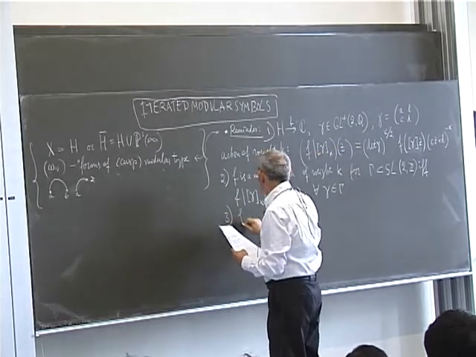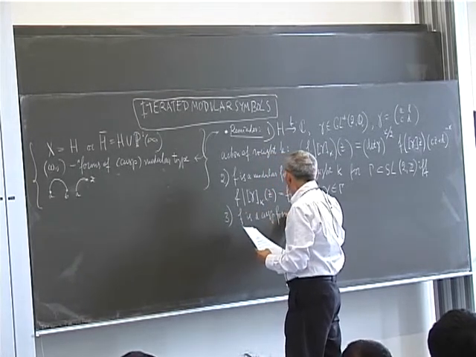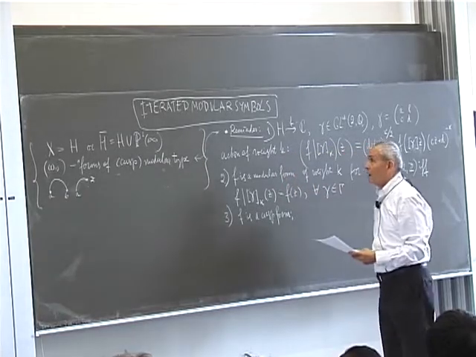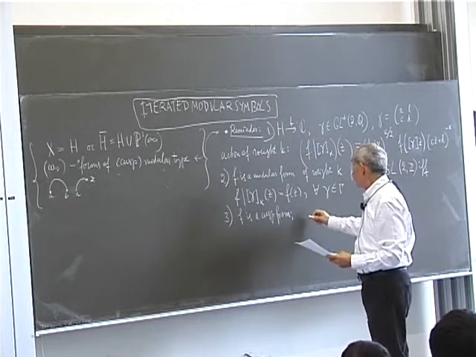And then f is a cusp form. It's slightly more technical. So you can consider, first of all, its Fourier decomposition at infinity.